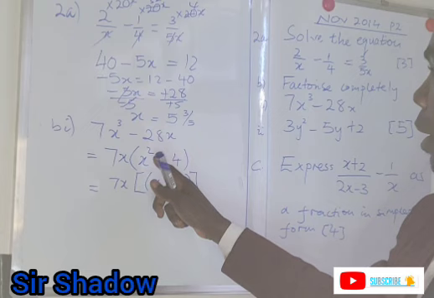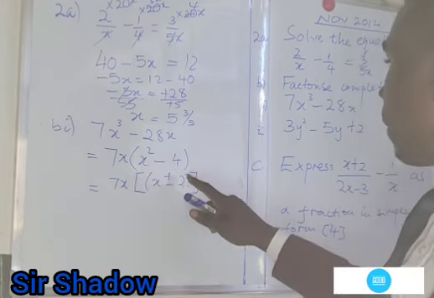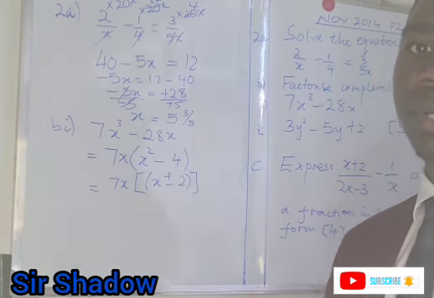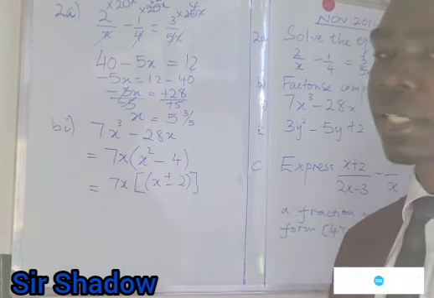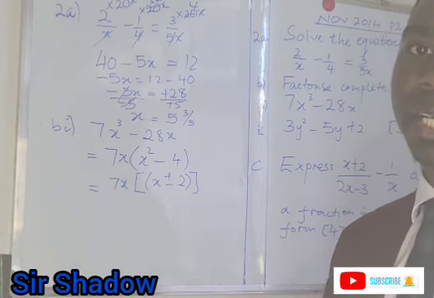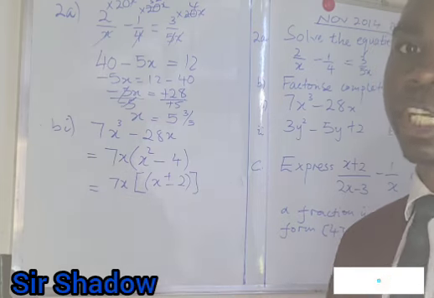After applying the concept of difference of two squares to x squared minus 4, where the square root of x squared is x and the square root of 4 is 2, we are saying 7x open big bracket, open small bracket, x plus or minus 2. You are not yet done.